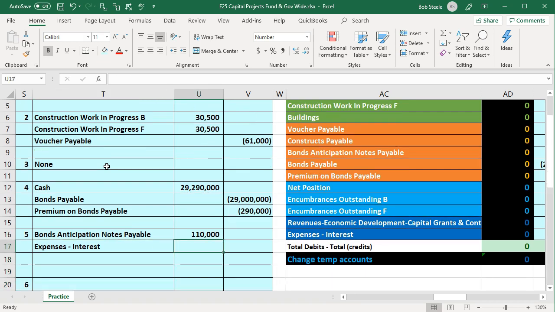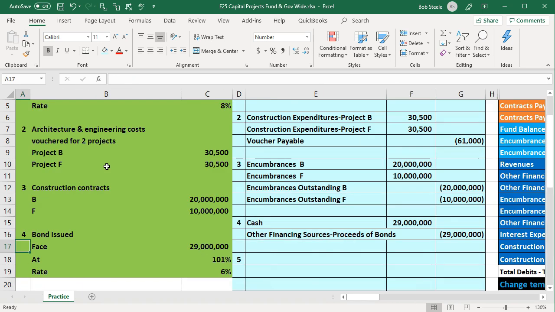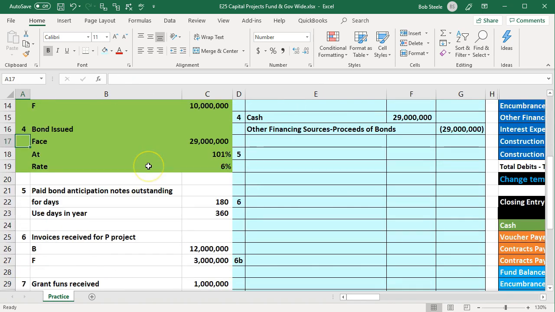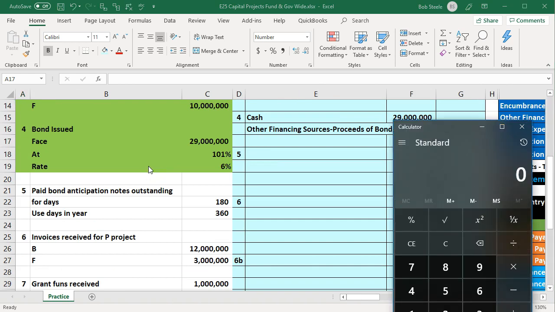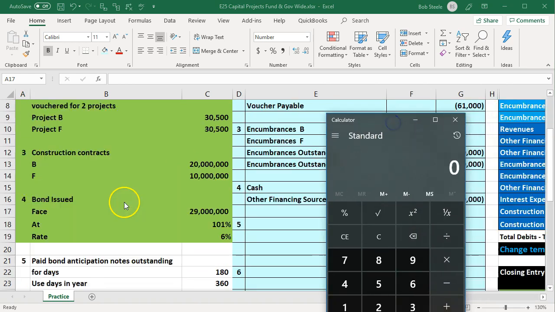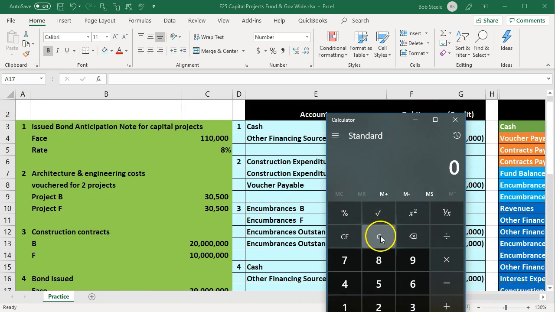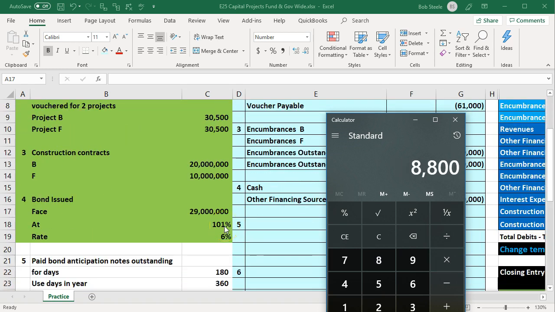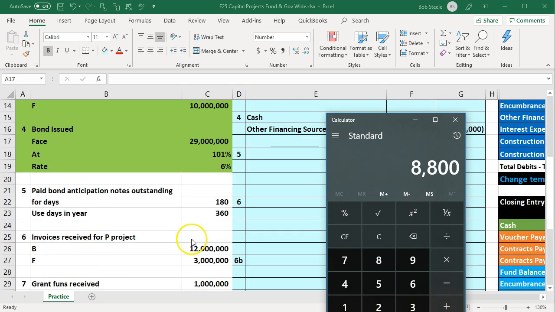So we have interest expense that we're going to have to incur for the time that it has been outstanding. We're going to record the interest as, I'm going to scroll back over and just check this out again. So we're going to say that the rate was 8%, so it's 110,000 times 8% times 0.08, and that's going to be the 8,800.